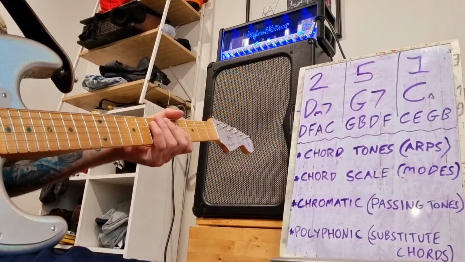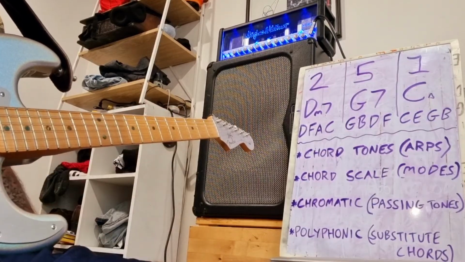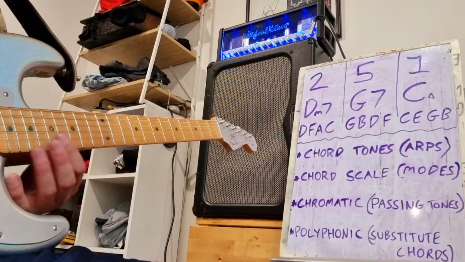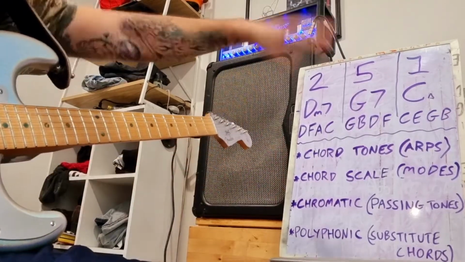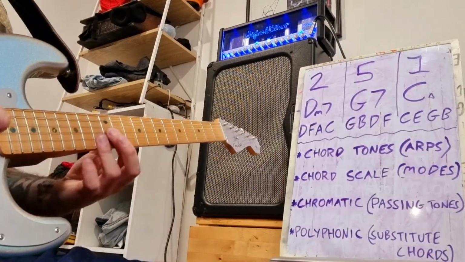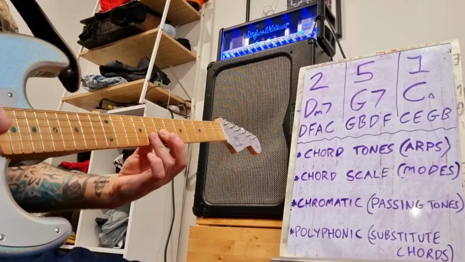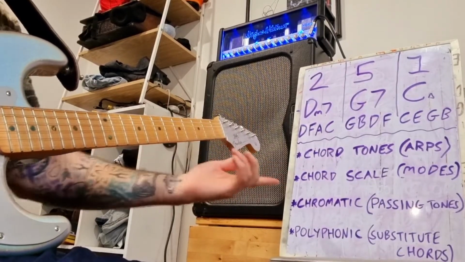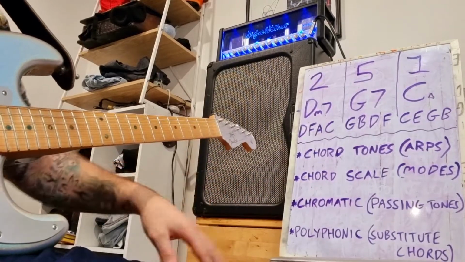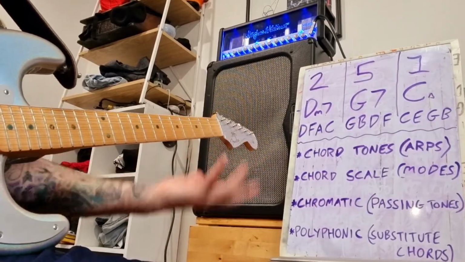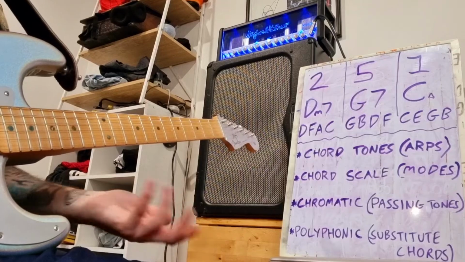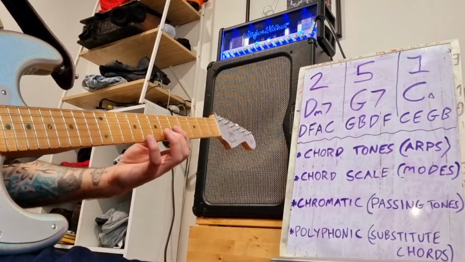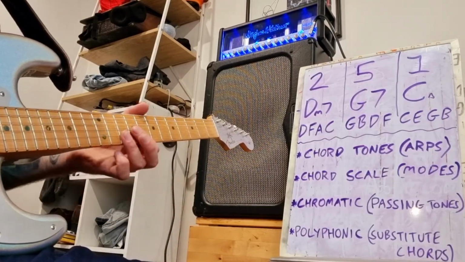So if we've got an example, the bass player's doing D, right? D up the top can be anything from that scale. So that's substituting or overlapping, whatever you want to call it, putting one chord over another just to create something interesting, some more tension, some more dissonance, whatever you're after.